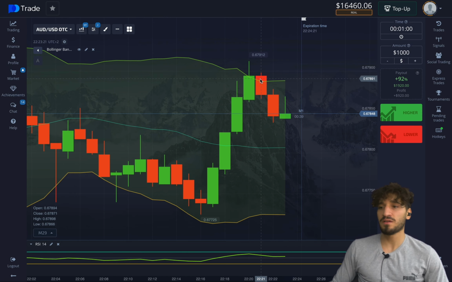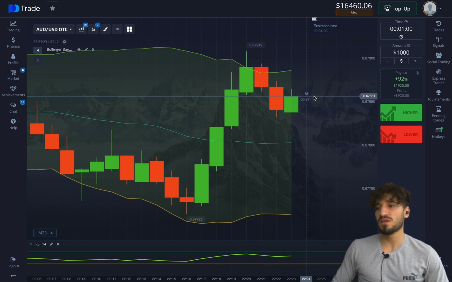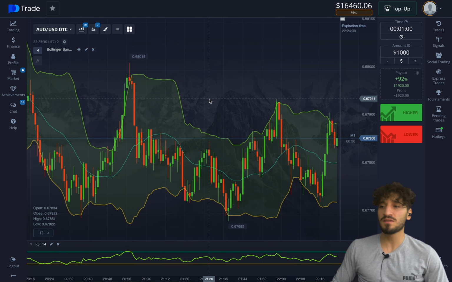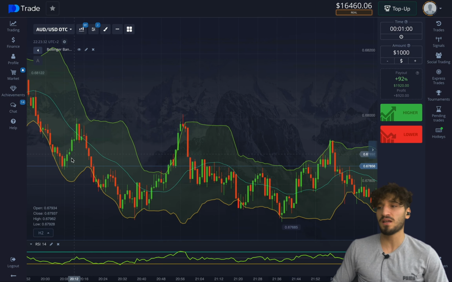Let's use a concrete example for which we now have a closed deal. Let's break it down in this situation. The Bollinger channel is constantly changing, a dynamic channel. The graph moves within this channel, and when our graph goes out of this channel, it serves as a signal to enter the trade.